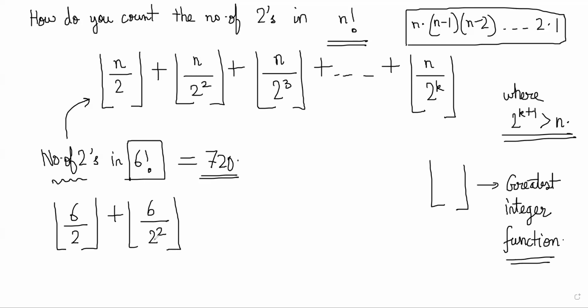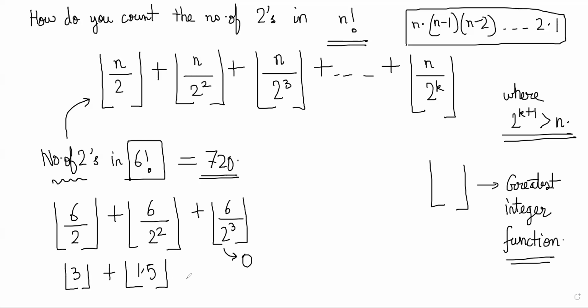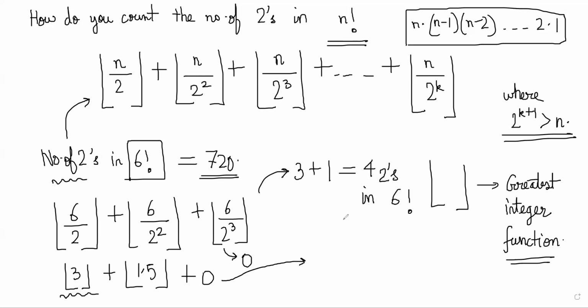Notice that 2 cube is 8, which is bigger, so I don't have to write that. GIF of 6 by 2 cube will be 0. So this becomes 6 by 2, this is 3, plus 6 by 4, this is 1.5, plus 0, and all the other terms after this become 0. GIF of 3 is 3 and GIF of 1.5 is 1. So there must be 4 twos in 6 factorial.